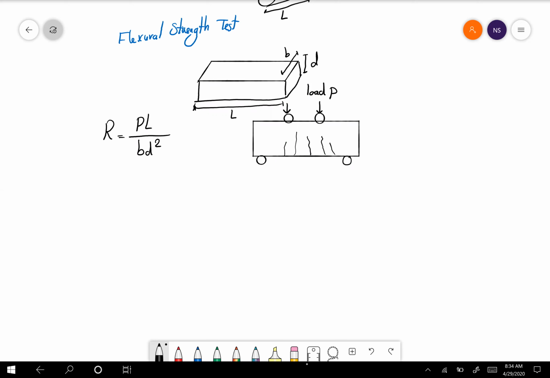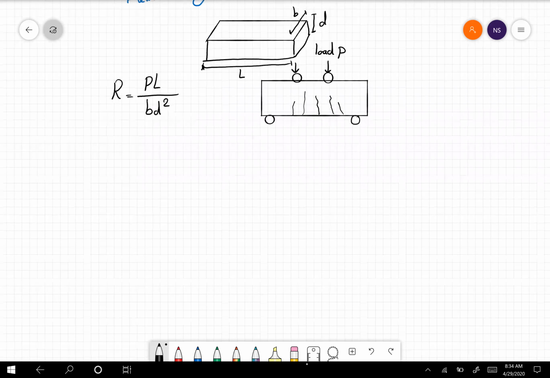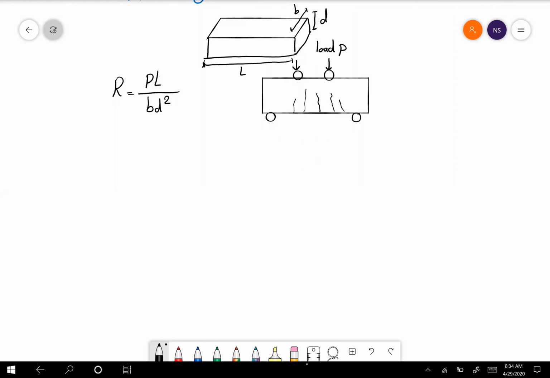If you look at the correlation, R is usually 7.5 to 10 times the square root of f'c. This is in US customary units, that's in PSI, right?